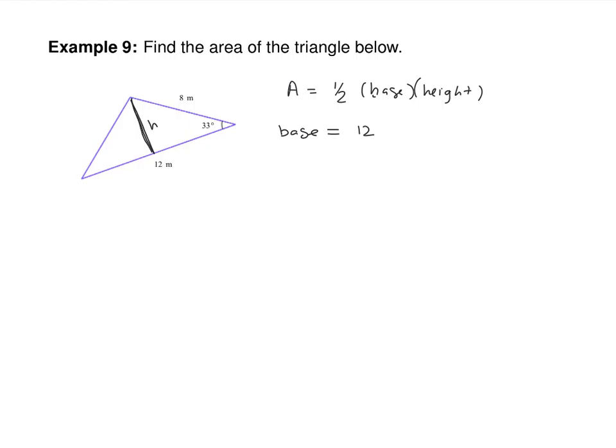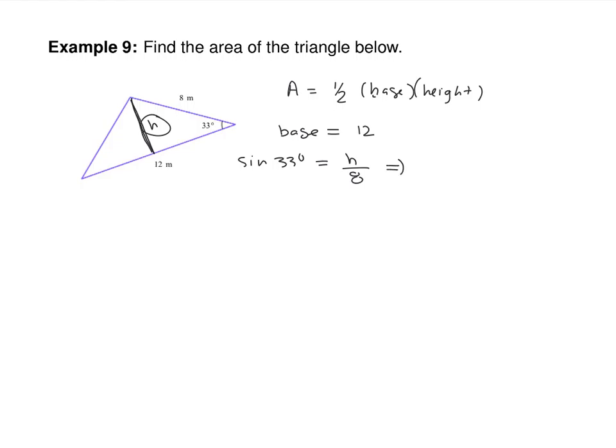Yeah. So you know that you have the opposite. So the H is the opposite. So we'll say sine of 33 degrees will equal H over 8. Does that make sense? And I chose to use sine because I need to somehow incorporate that opposite side, that's H, right? And then I need to use the hypotenuse, which is 8.